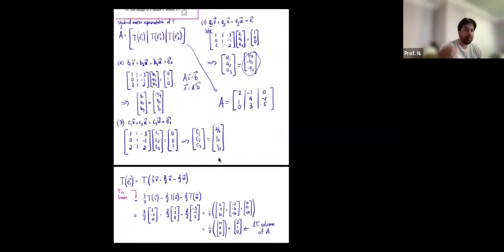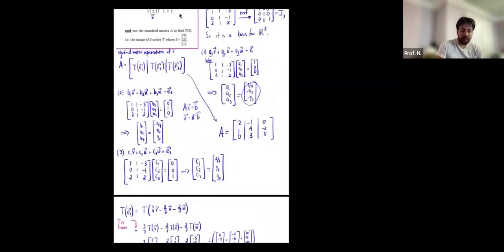So now that I know that, I can find T of E1 by rewriting E1 as a linear combination of V, U, and W. But why is this good? Well, T is linear. If T is linear, I can rearrange this expression in this way, which is very nice because I know where T of V goes, where T of U goes, and where T of W goes. They're given to me from the very beginning.